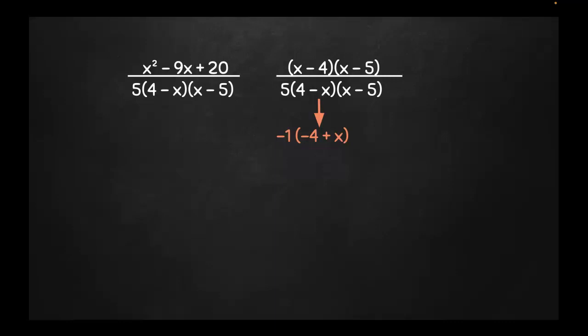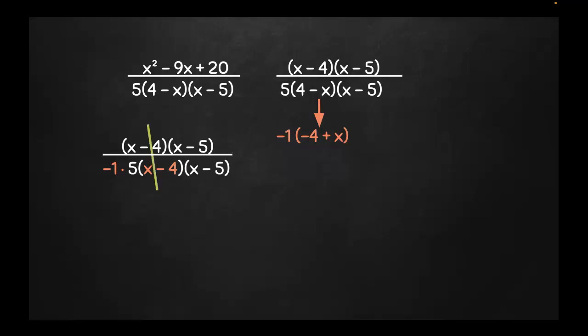Factor out a -1. That's going to flip the signs. Even though it's in reverse order, I do have an x and a -4 that's going to match the factor in the numerator. So I'm going to take out that -1 and put it right in the front of that 5, and then x minus 4.